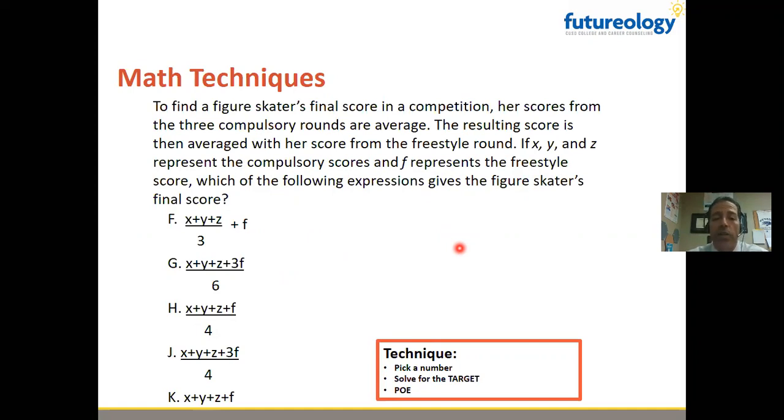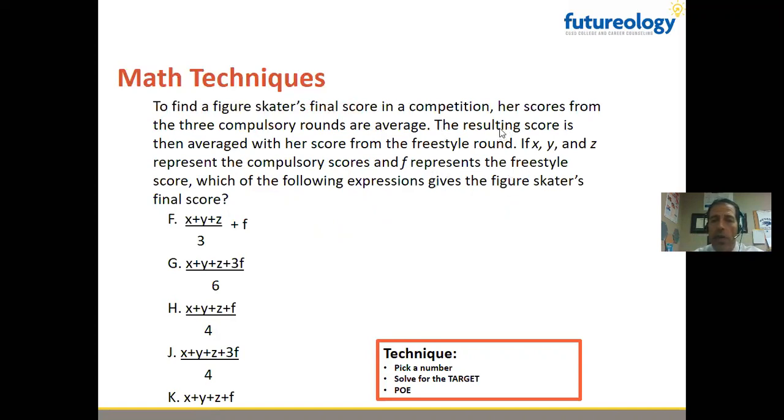The reason I do this is it's just a method or a technique to do algebraic problems. So now we're picking numbers. The first sentence says to find a skater's final score, so this is how they're doing it. If you're reading this question, all the questions relate to this. Why did you divide by 2? Why did you say average plus the final? It's because it's given in the problem.